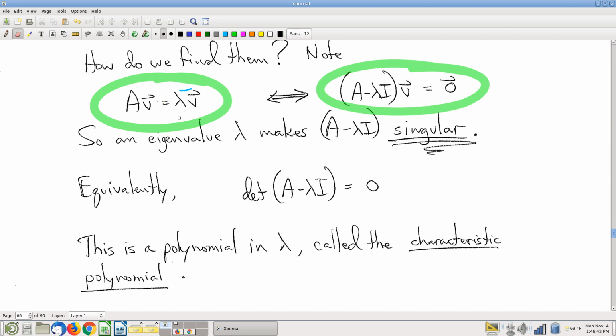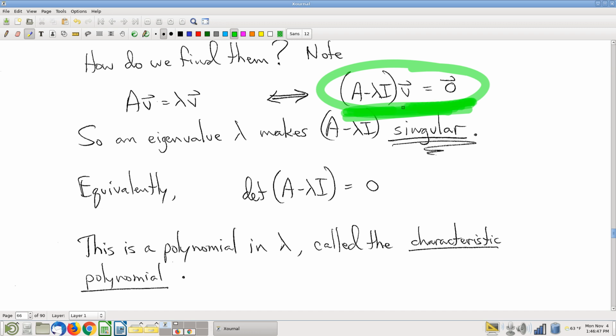Well, notice that there is something interesting about this equation. We have a non-zero vector that's in the null space of a matrix. Now, hold up. How can you have a non-zero vector in a null space of a matrix? Well, it means that the matrix has got to be singular. I'll refer you back to all of the stuff that we did in chapters 1 and 2.